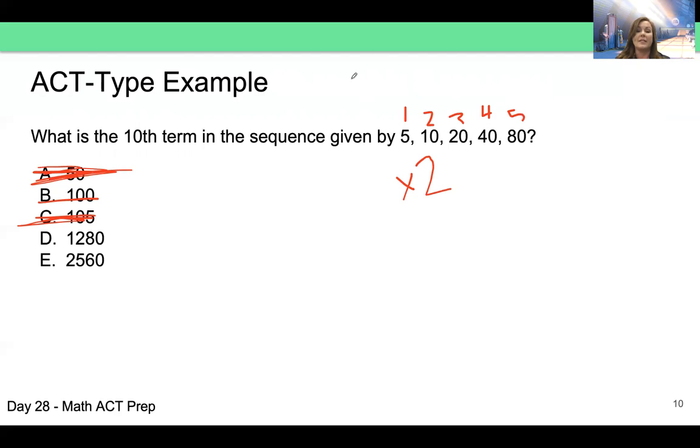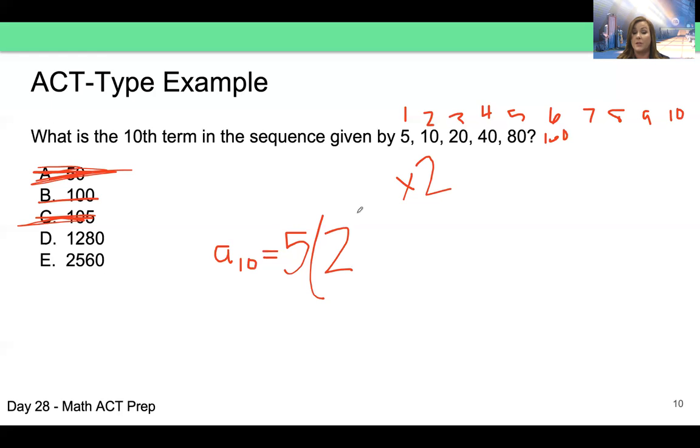Now, you can take the time to go, okay, 6th term is 160. 7th term, multiply by 2, 8, 9, 10. Hopefully you have a calculator, or you can do the formula, which is going to be, okay, if we want the term in the 10th position, it's going to be equal to the first term, 5, multiplied by our ratio, which is times 2.